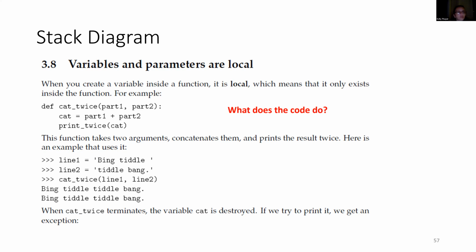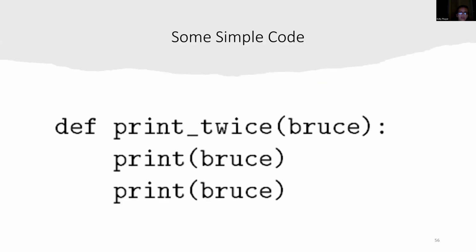So whatever cat equals, that will be sent out to print twice. That thing that is sent out to be printed will become bruce. The variable bruce will become that. And the 2 printings will come from these lines right here. Then this function will terminate. It doesn't return anything, so it returns NoneType, right?